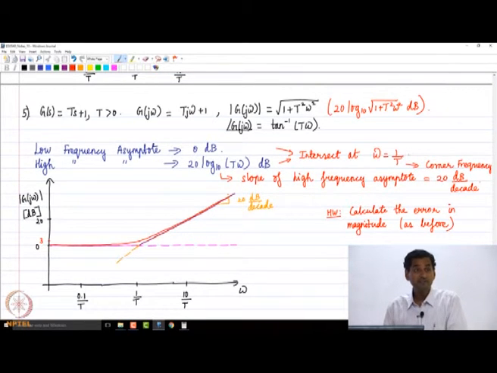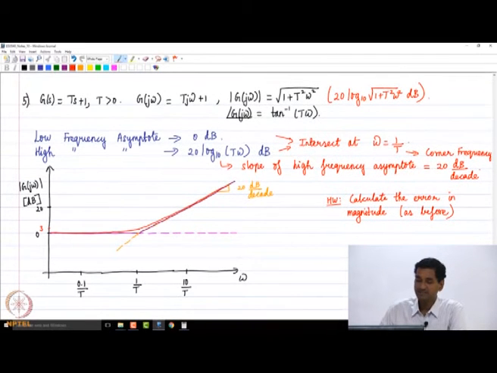So in fact the factor Ts plus 1 is like amplifying high frequency signals, it is not attenuating. So this is like a high pass filter. So the higher the frequency, the greater is the scaling, the amplification of the input signal. So that is the characteristic of capital Ts plus 1.